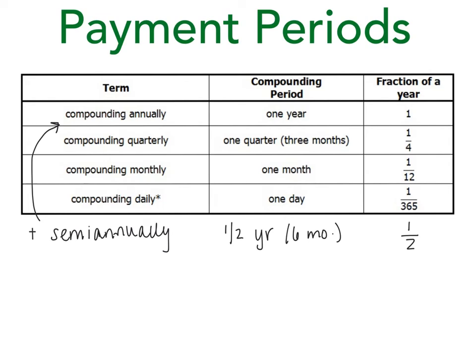All right, some basic payment periods here and some vocabulary that is really important to know so you don't trip up with your decimals or your fractions when you are calculating interest rates. There are 5 major payment periods.